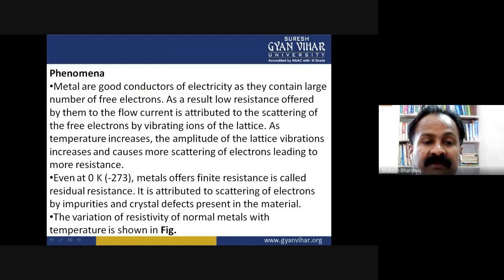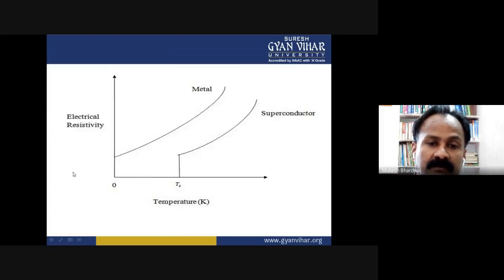The variation of resistivity of normal metals with temperature is shown in the next slide. This is how the resistivity of a metal and a superconductor varies with temperature.